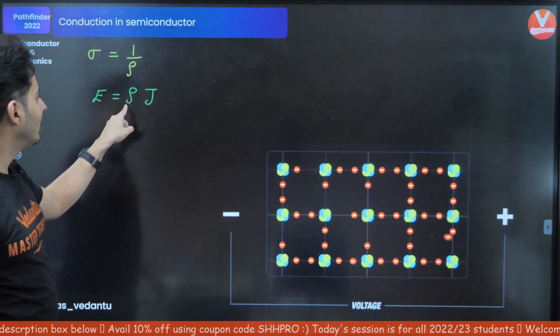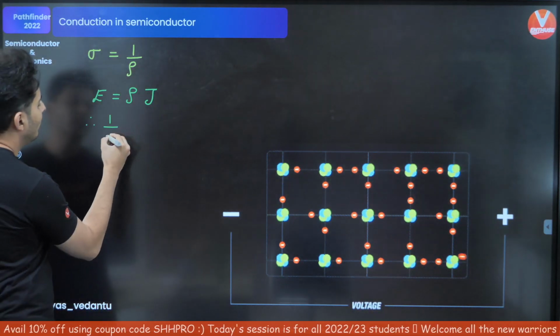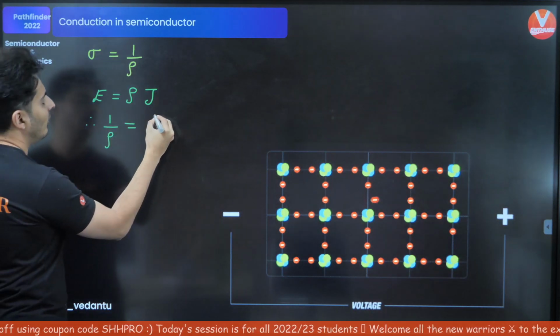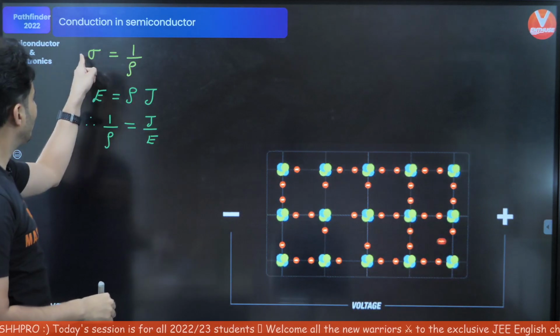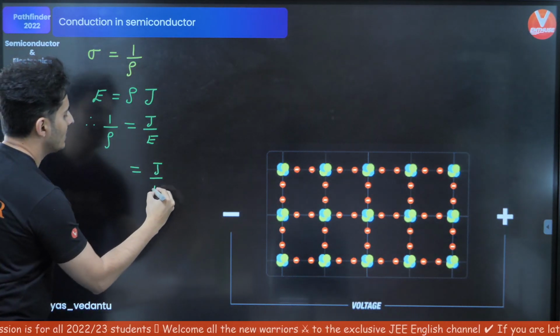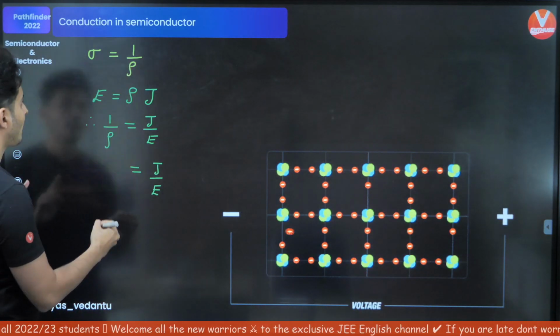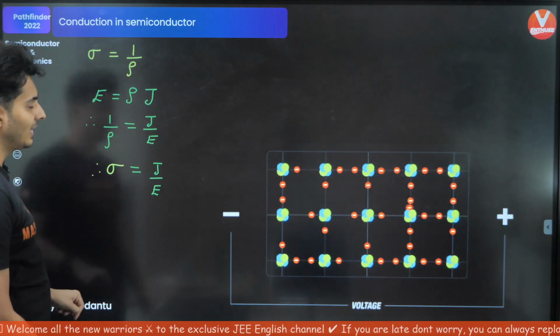V is IR, similarly E is rho J. So 1 by rho will be J by E. Hence, J by E is nothing but sigma.